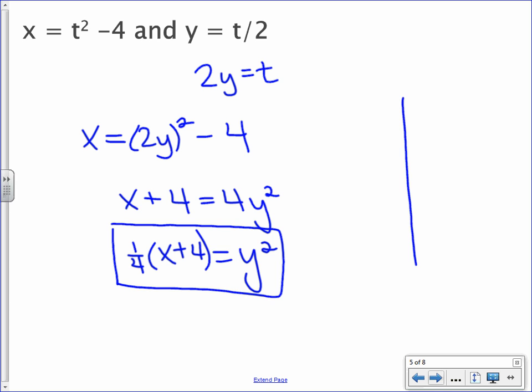Where is our vertex? -4, 0. And we know it opens to the right. Our p-value isn't really nice, is it?